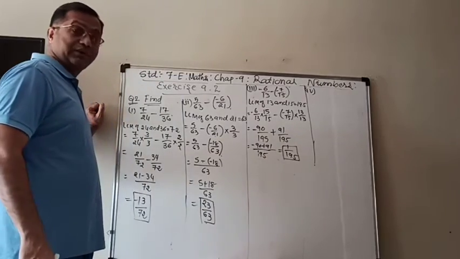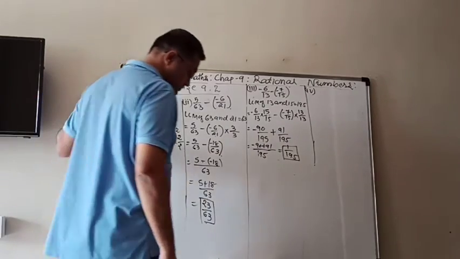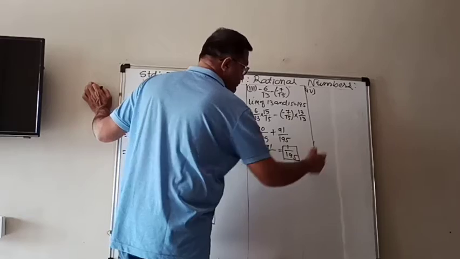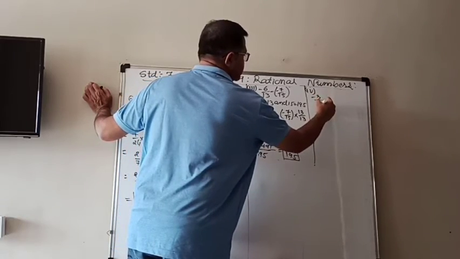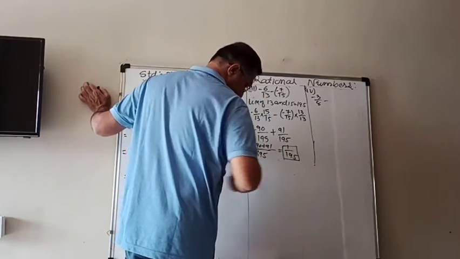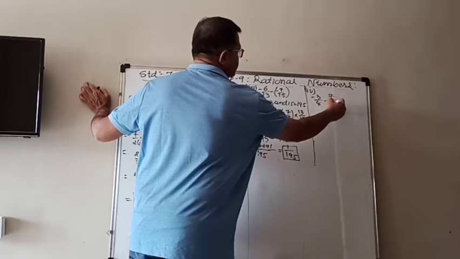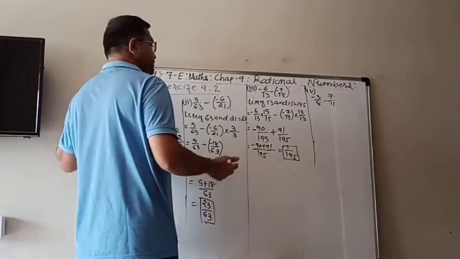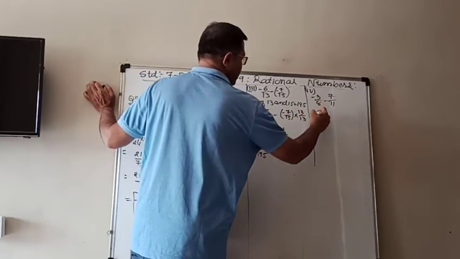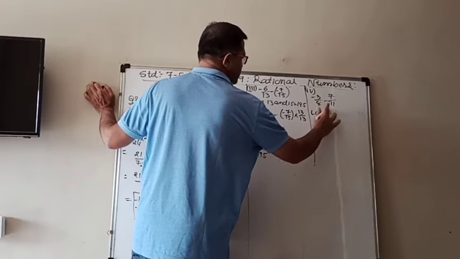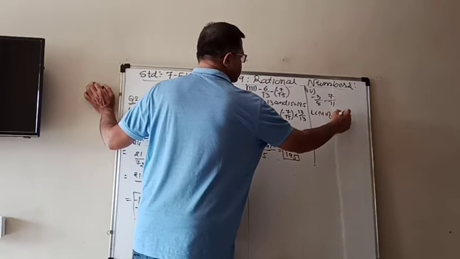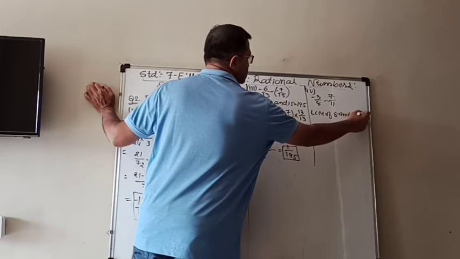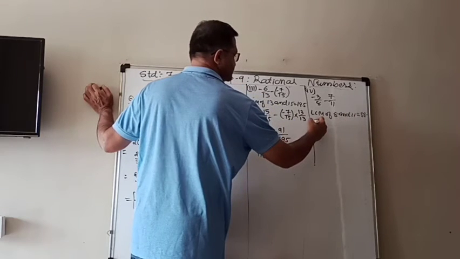Let's do the fourth one. Fourth one is minus 3 upon 8 minus 7 upon 11. They don't have any common factors, so the LCM will be the multiplication. The LCM of 8 and 11 is 88.